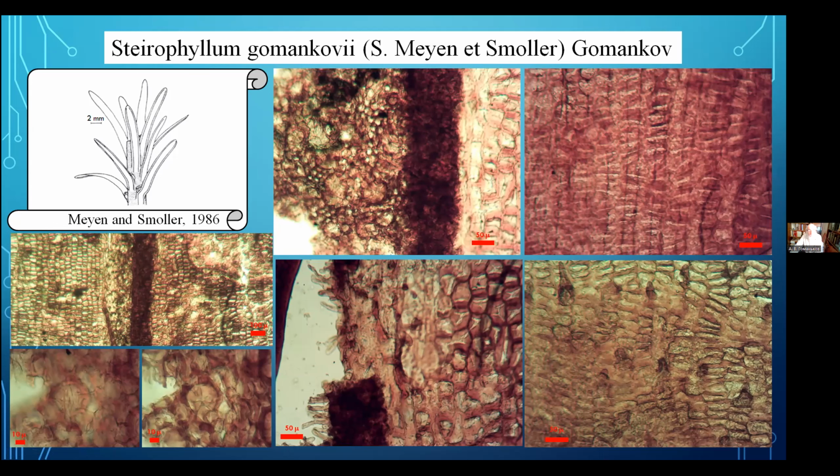Papillae, as a rule, are absent on the periclinal walls outside of dorsal furrows, but inside dorsal furrows they are very abundant. At the edges of dorsal furrows they are very big and can be named unicellular hairs rather than papillae. You can see them here.